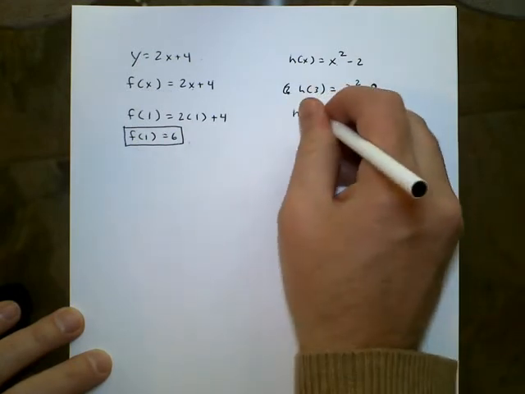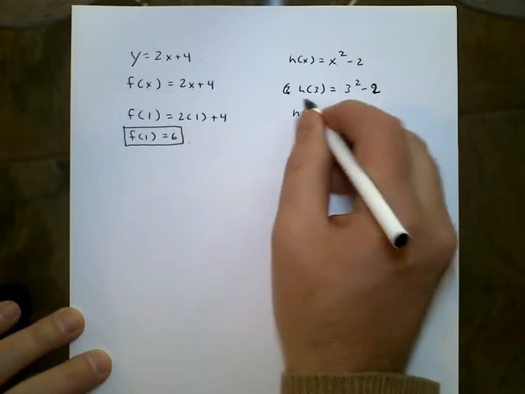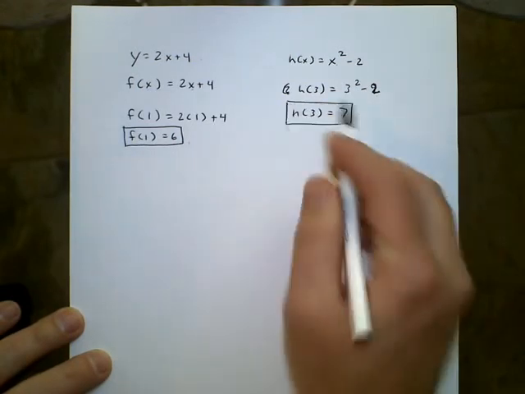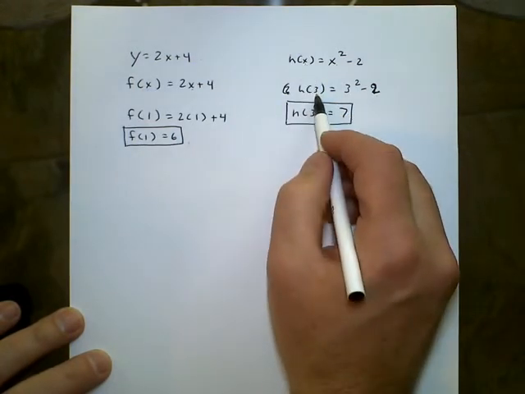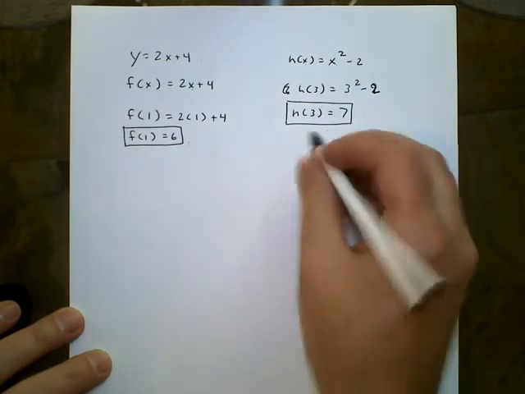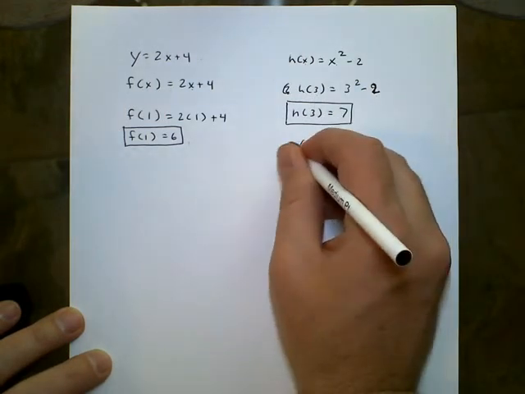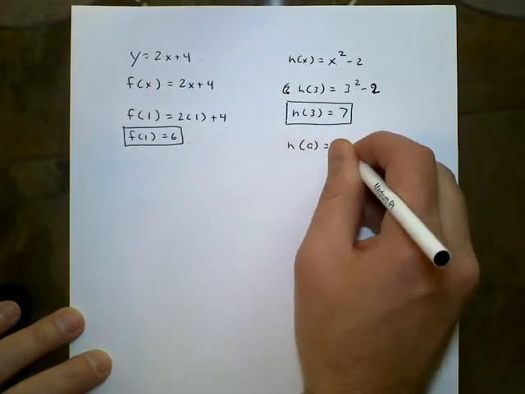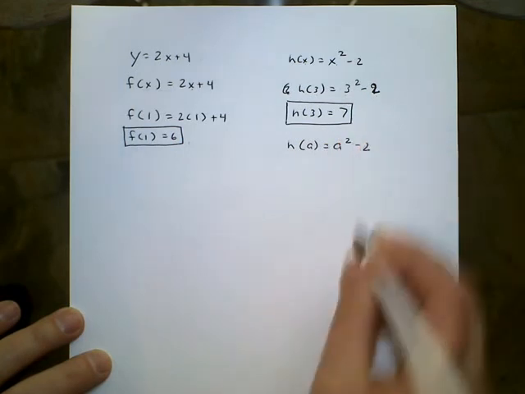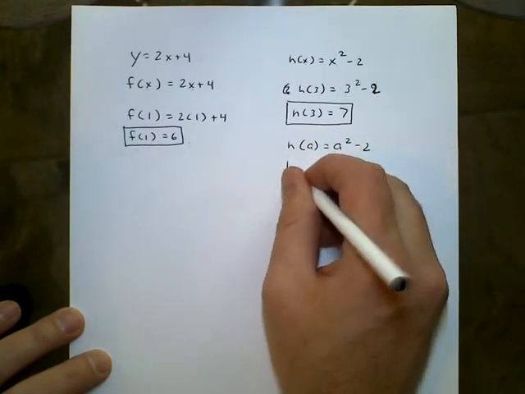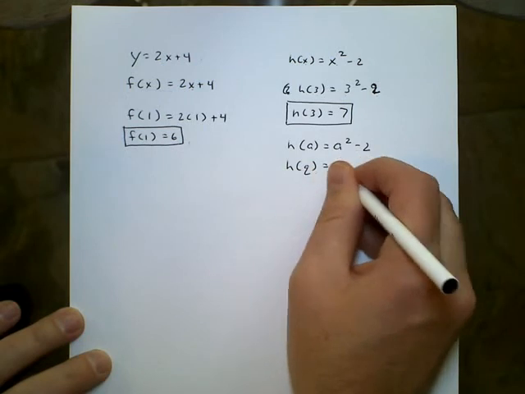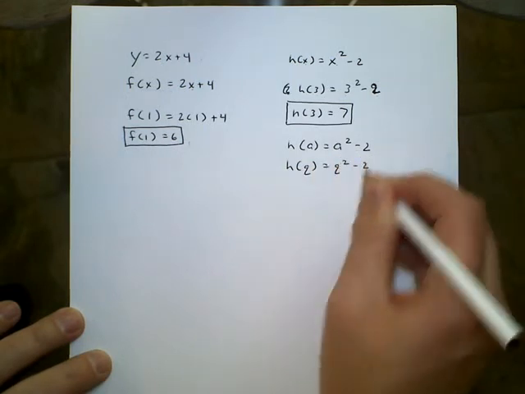So we say that h of 3 is equal to 7. Whatever we change this x to, we change this x to. So if we wanted to find h of a, that would be a squared minus 2. If we wanted to find h of q, that's going to be q squared minus 2.